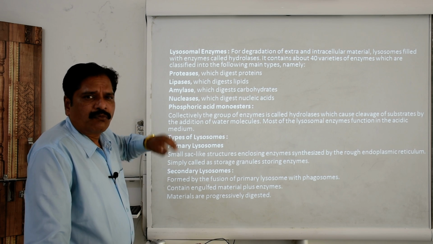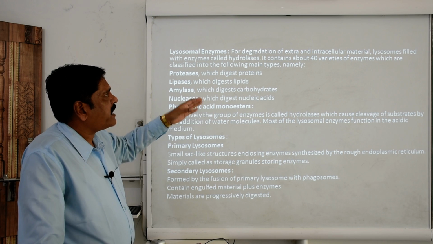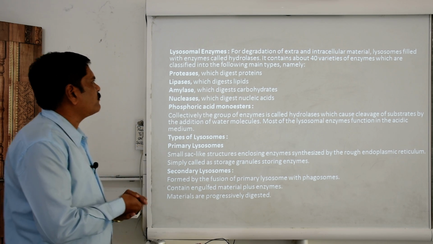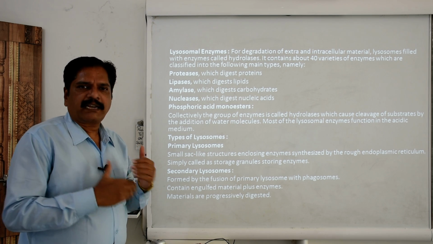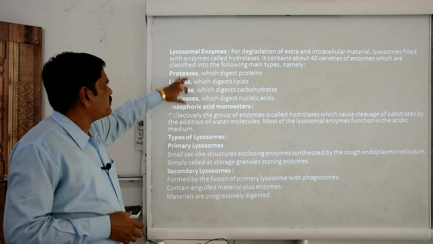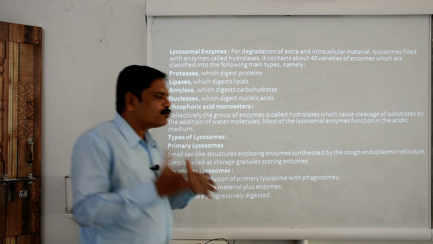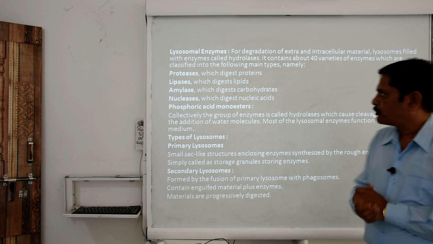In fact, more than 40 varieties of enzymes are present, and on the basis of their activity, or their nature, we categorize them as proteases, the group of enzymes responsible for the digestion of proteins.